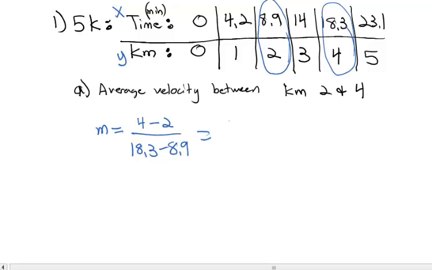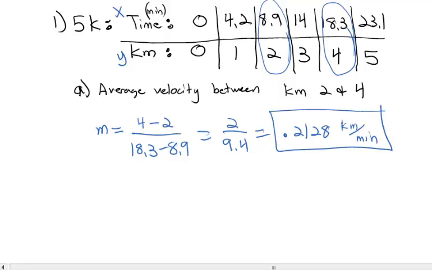When we subtract, we get 2 over 9.4, which when we divide 2 by 9.4, we'll end up with, I'm running about 0.2128 kilometers per minute on average.